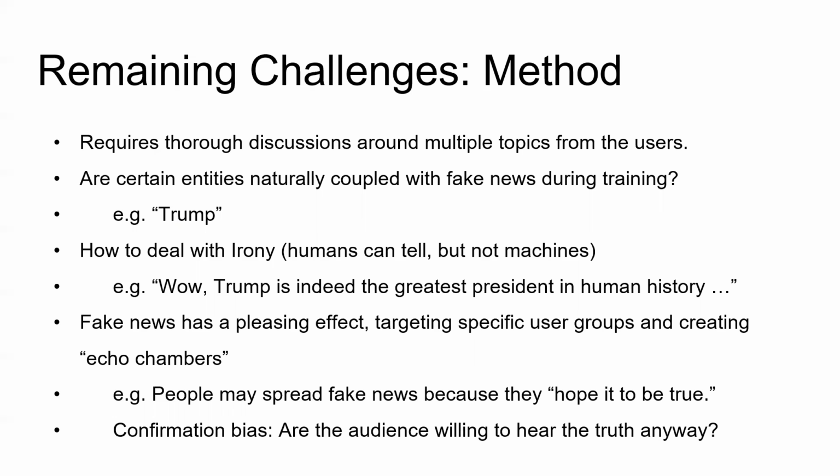Are certain entities naturally coupled with fake news during training? Many fake news stories target people such as Trump or Hillary. So will the model directly predict the news to be fake when it sees the words Trump or Hillary? That is still a pending problem.